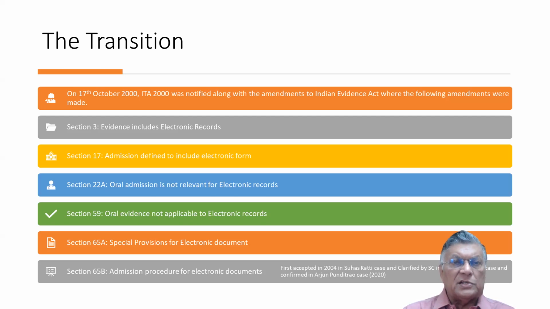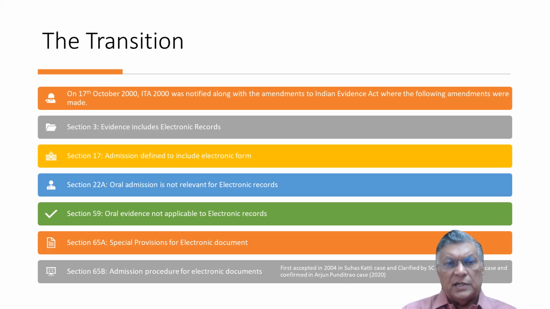Then there was Section 17, which defined admissions to include electronic form of admission in addition to oral and documentary admissions. Then there was Section 22A, which stated that oral admission is not relevant for electronic records. Then there was Section 59, which said also that oral evidence is not applicable to electronic records.